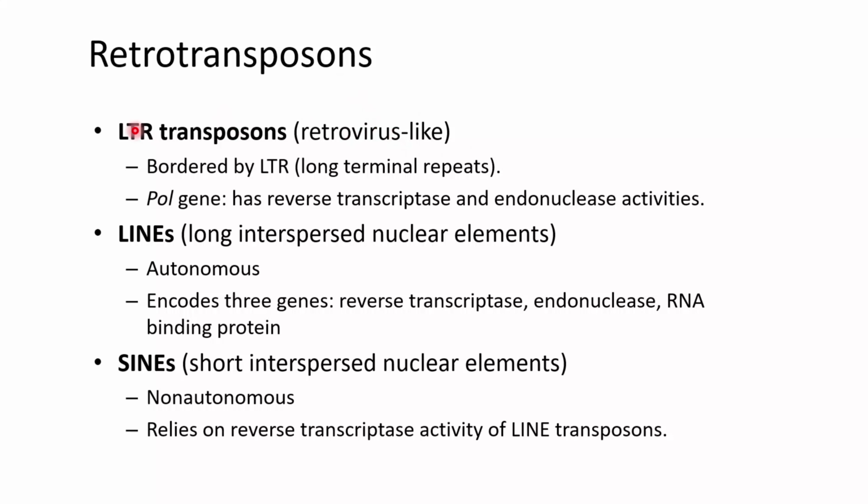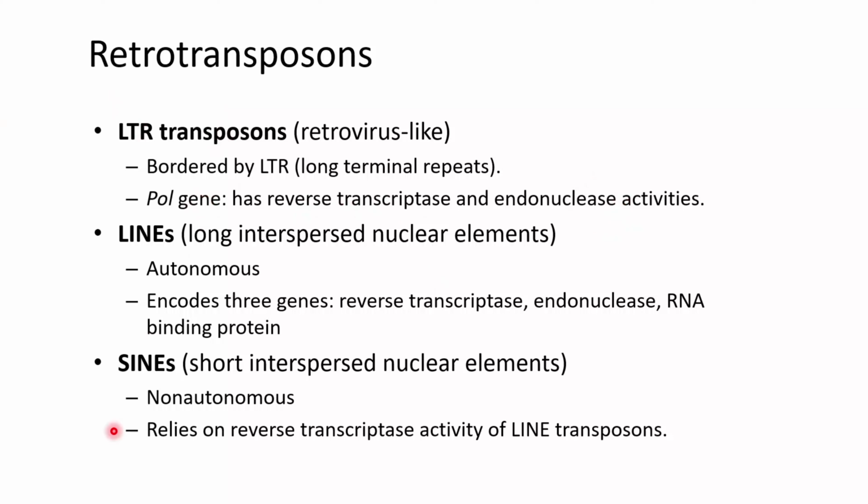They have these long terminal repeats, and these long terminal repeats allow for the positioning of the transposon whenever it moves. Okay? So these terminal repeats kind of dictate the site where the transposon will be inserting. The LTR transposons have a pol gene, and this pol gene produces two proteins, the reverse transcriptase and the endonuclease. Okay.